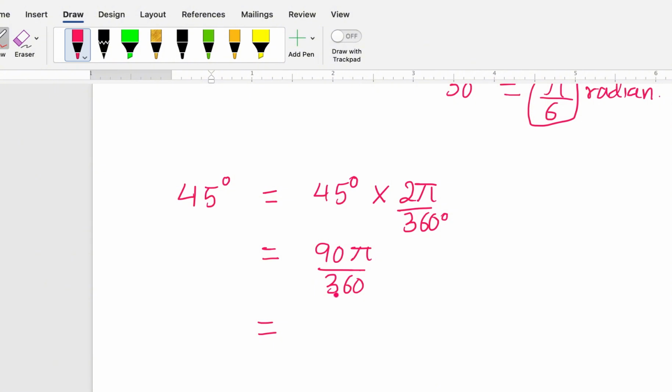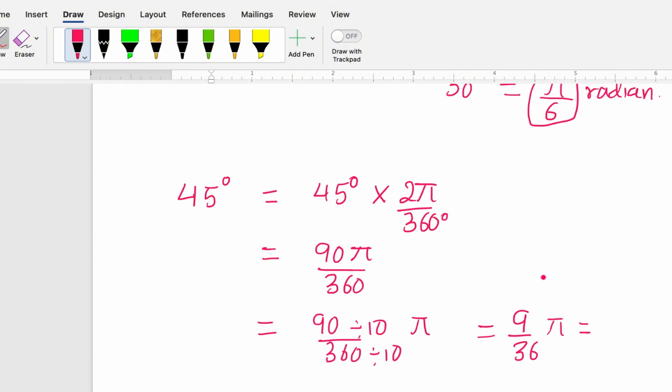Again, I see 90 and 360 both have zeros. So I'm going to divide that by 10 on the top and 10 on the bottom. And I also have pi on the side. It's times pi, right? So that's going to give me 9 over 36 pi. Okay, now think about it for a moment. What is the number that goes into 9 and 36? Does 2 go into 9? It's an odd number, right? So I'm going to move to 3. 3 goes into 9, and 3 goes into 36.